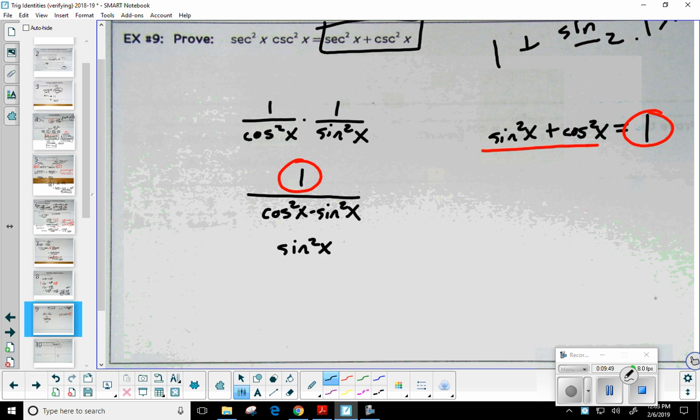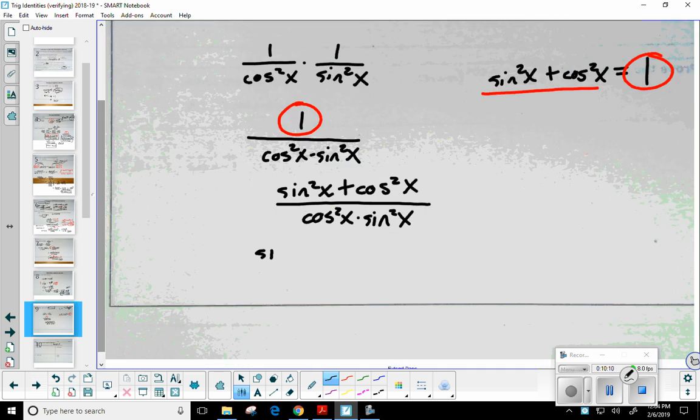So sine squared of x plus cosine squared of x over cosine squared sine squared. And we've actually seen this rule before. You need a common denominator to join fractions, but you can do what? You can separate them. Each numerator will have the same denominator.